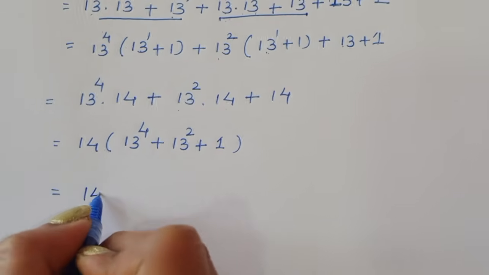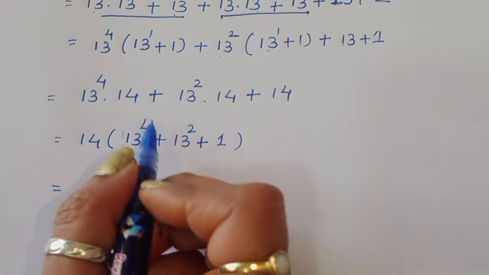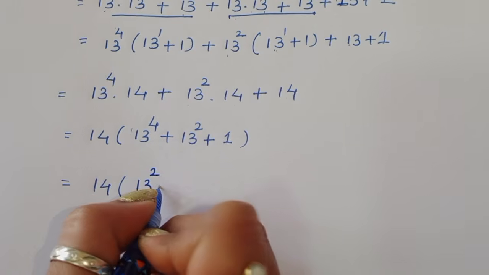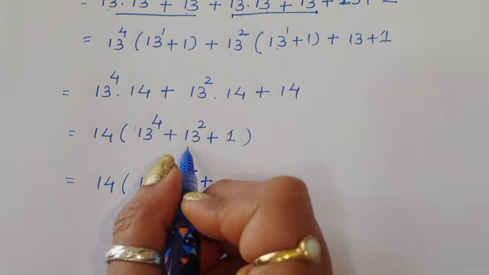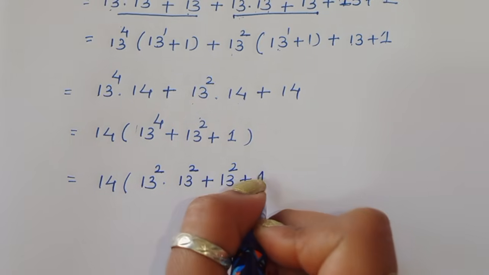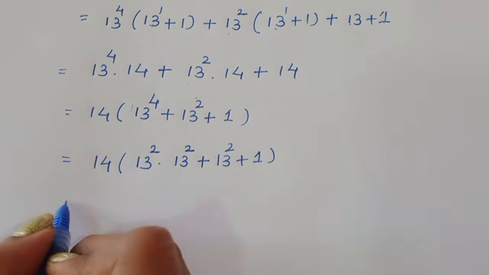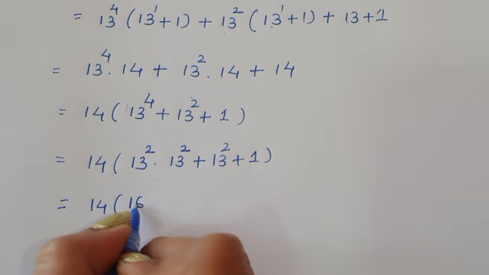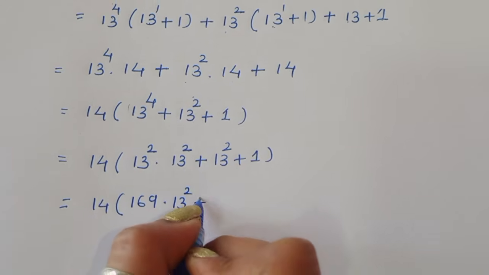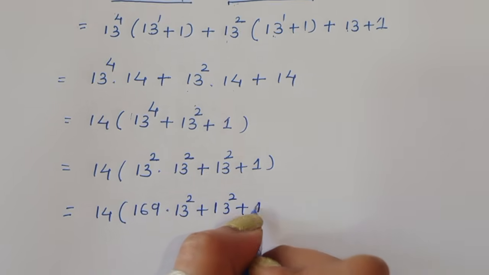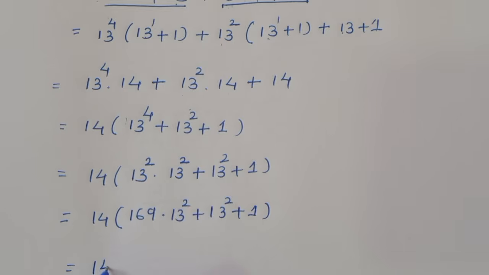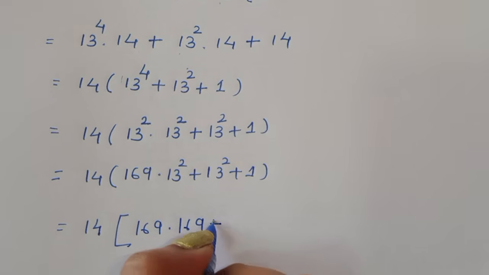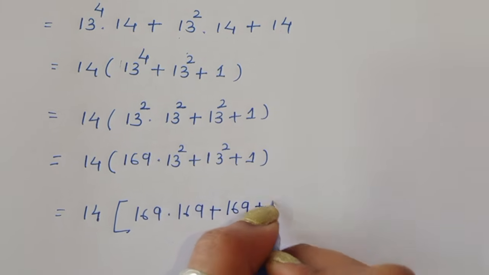Now it is equal to 14 times, and 13^4 we can write as 13^2 times 13^2. So 13^2 times 13^2 plus 13^2 plus 1. 13^2 is 169, so 169 times 169 plus 169 plus 1.